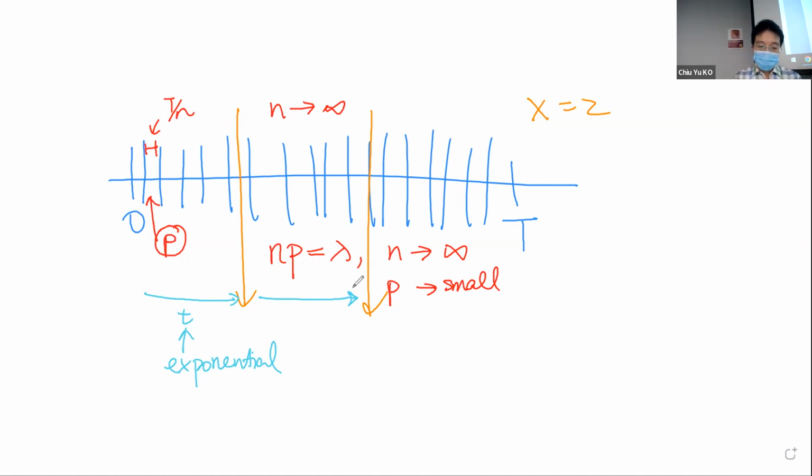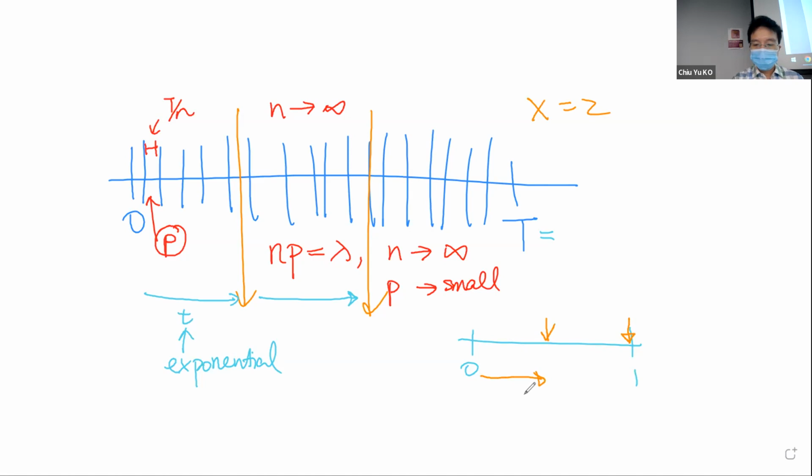And as you can see, suppose t is 1 hour, and I expect 2 events to happen here. That means I have 1 event here, 1 event here, on average. So how long does it take for the first success to come about?